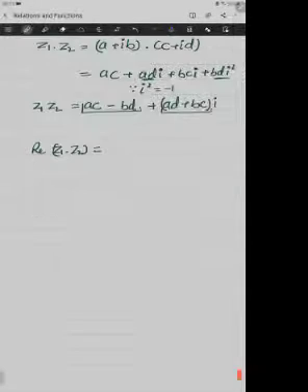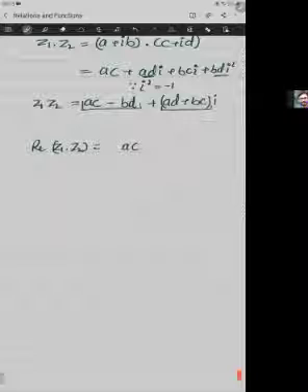So real Z1 Z2 will be equal to AC minus BD. Now AC and BD values we are going to put.